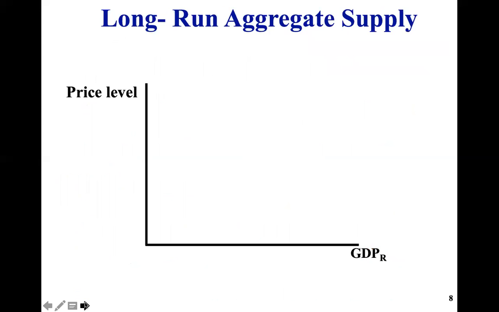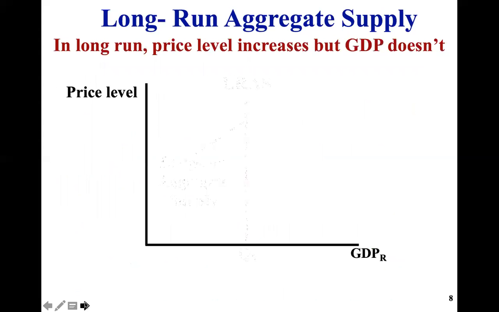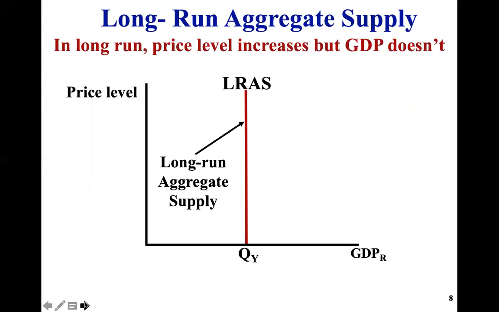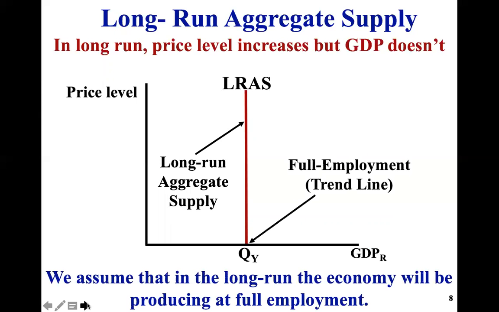So what does that tell us about our long run aggregate supply curve? Okay, if price level doesn't impact it, then it's going to be fixed at a certain quantity. So our LRAS curve, which is our long run aggregate supply curve, is going to be vertical as opposed to the short run curve. And it's going to be vertical at a very particular GDP. It's going to be vertical at our trend line, at our potential output, at our full employment output.